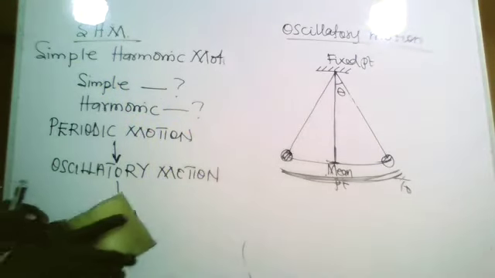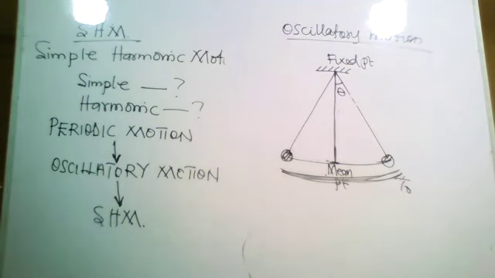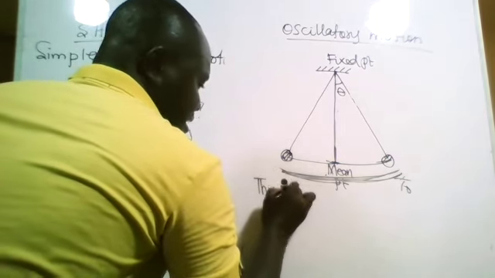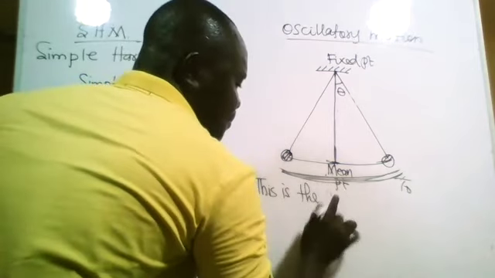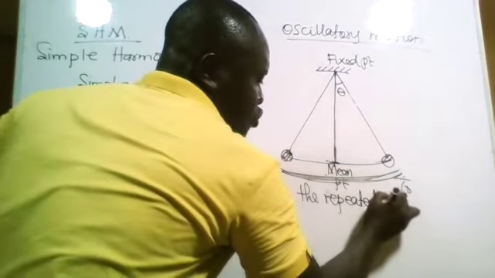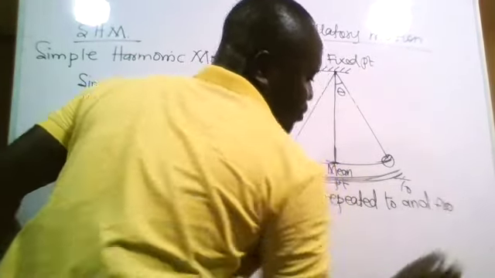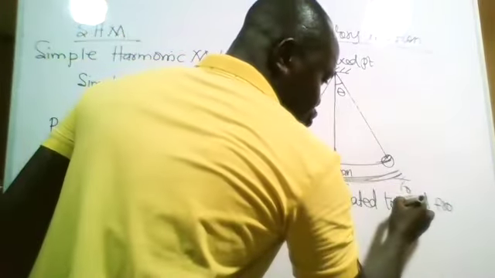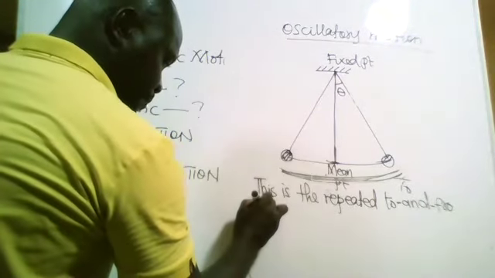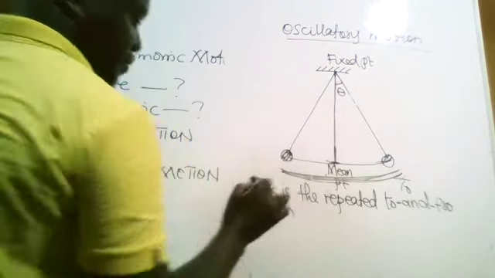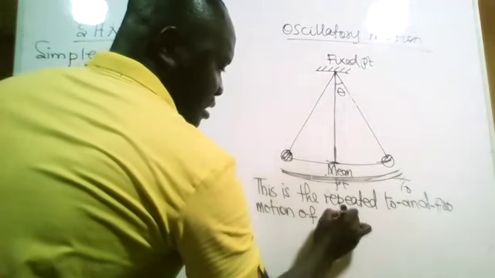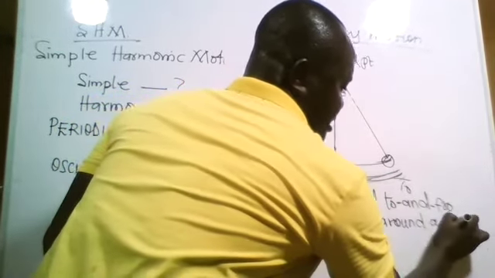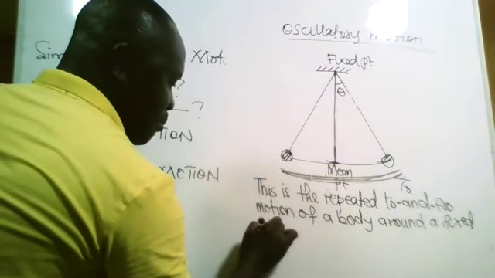Okay, so we define oscillatory motion as this: the repeated to and fro motion of a body around a fixed point.